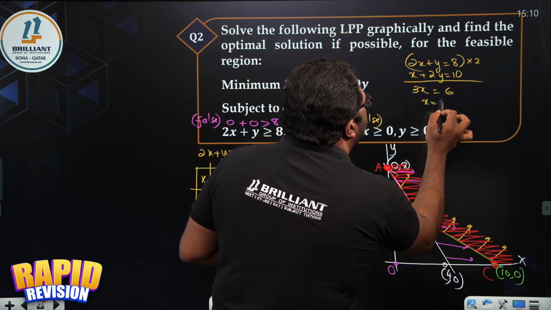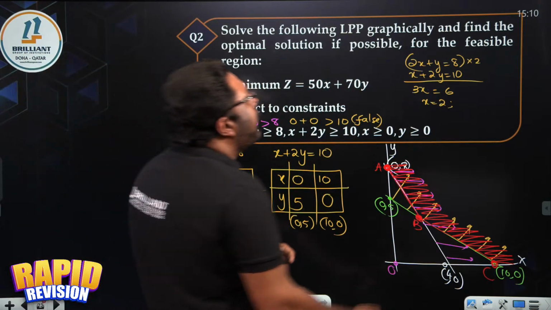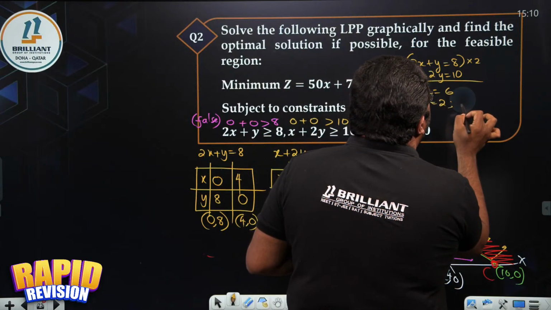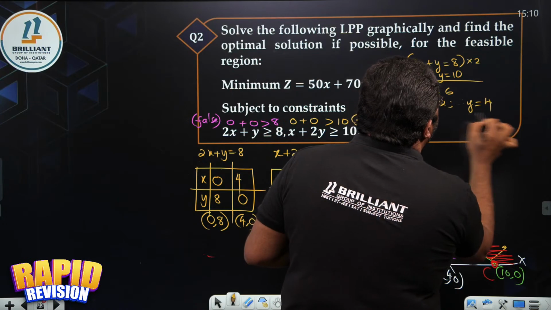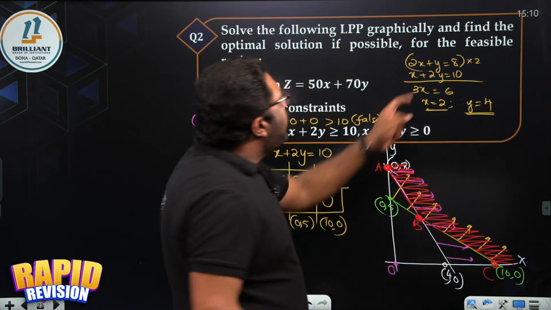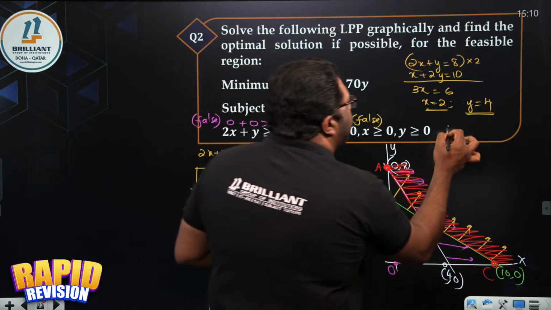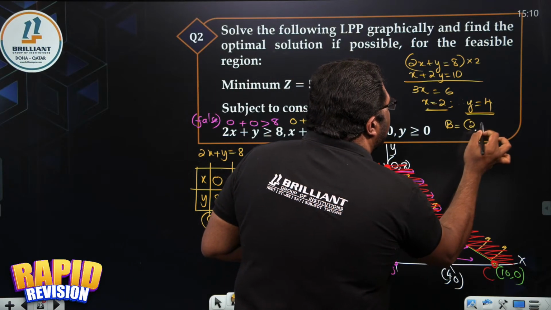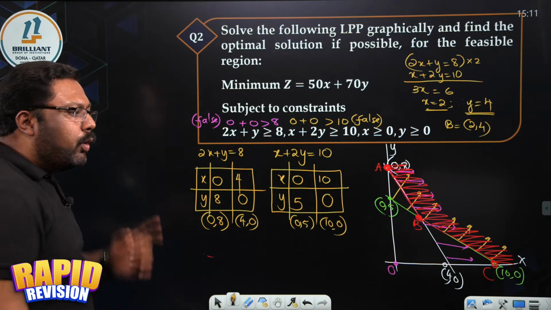So x is equal to 2. If I put x equal to 2, what is the value of y? y is 8 minus 4, which is 4. So the coordinates of the point B are 2, 4.